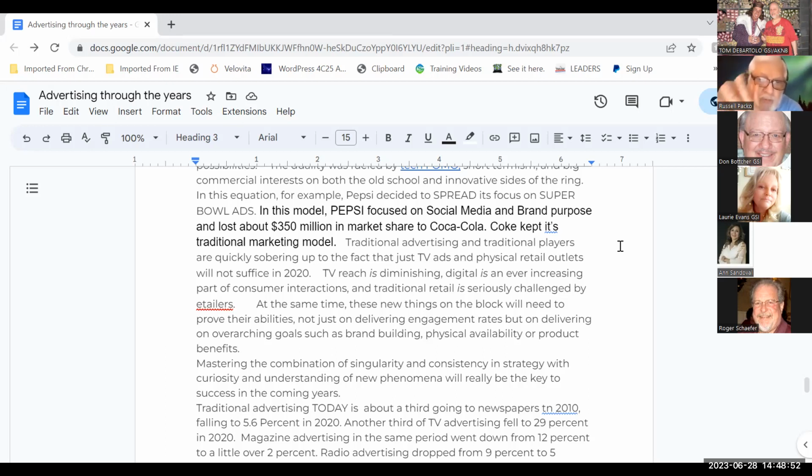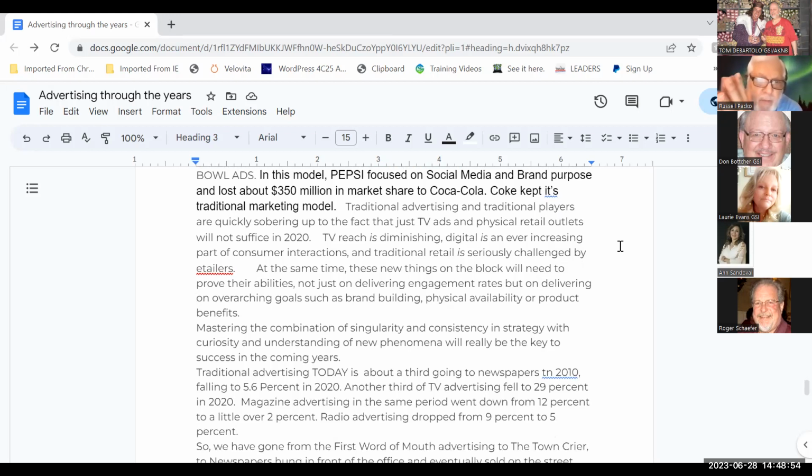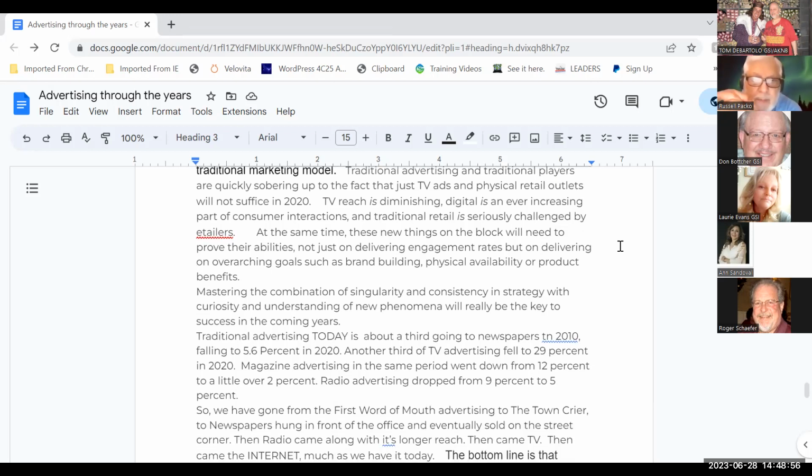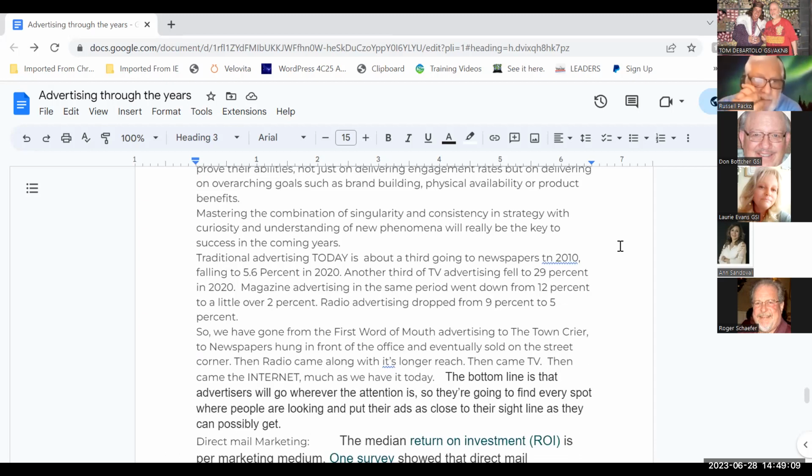At the same time, these new things on the block will need to prove their abilities, not just on delivering engagement rates, but on delivering overreaching goals such as brand building, physical activity, or product benefits. Mastering the combination of singularity and consistency and strategy with curiosity and understanding new phenomena will be the key to success in the coming years.